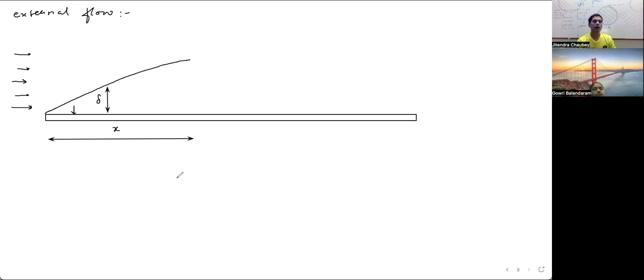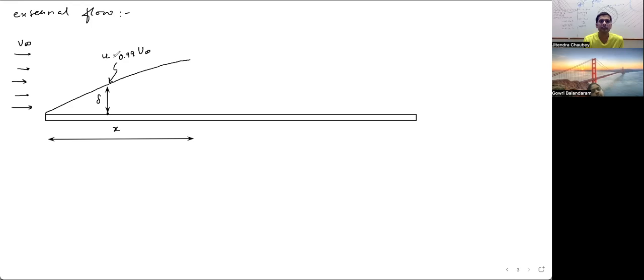Sometimes you are also asked what exactly is the thickness of the boundary layer. In that case, you can answer that it is the distance measured from the surface to the particular layer where the velocity is approximately equal to the free stream velocity, or equal to 99% of the free stream velocity. You can say 0.99 times u infinity.